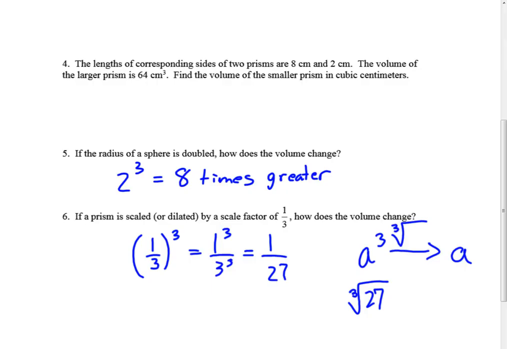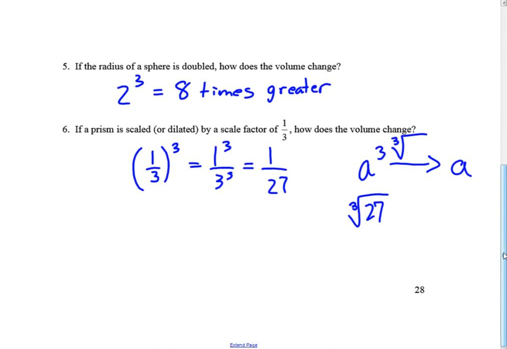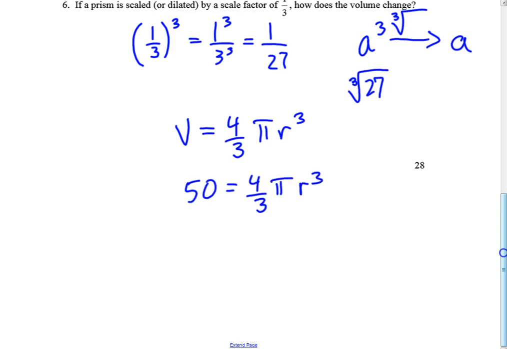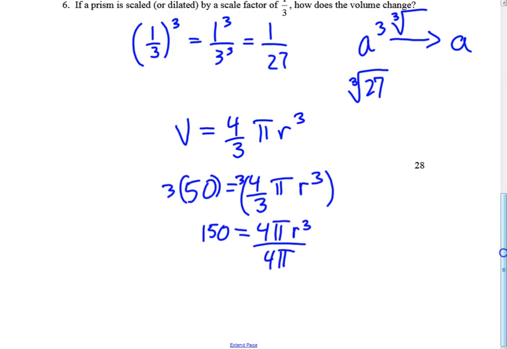That might show up, for example, in a question where you know the volume of the sphere is 4/3 pi r cubed, and let's say, I'm just making up some number, the volume is 50 and you needed to find r cubed. Well, you could multiply by 3 first to get rid of the fraction. So 150 would equal 4 pi r cubed. Then we would divide by 4 pi.